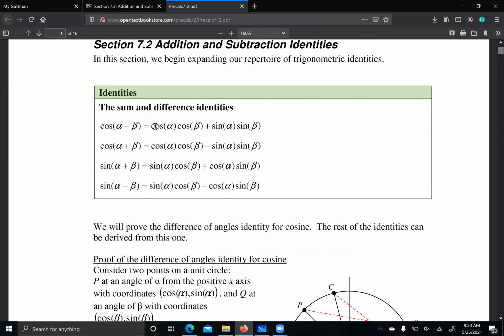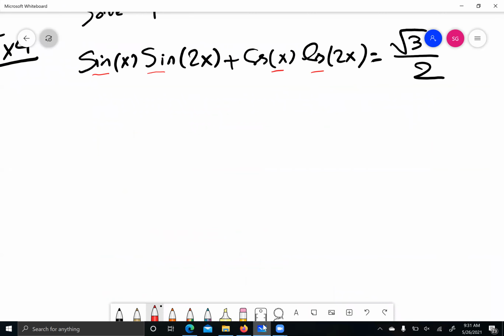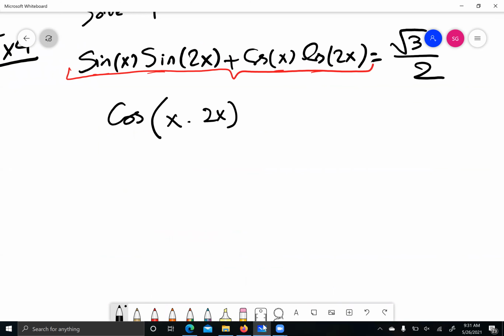In the first identity, you have the product of two cosines plus the product of two sines. So this can be written as the cosine of the difference of those two angles. What are the two angles? One angle is x, the other one is 2x, and this is the same as the difference.